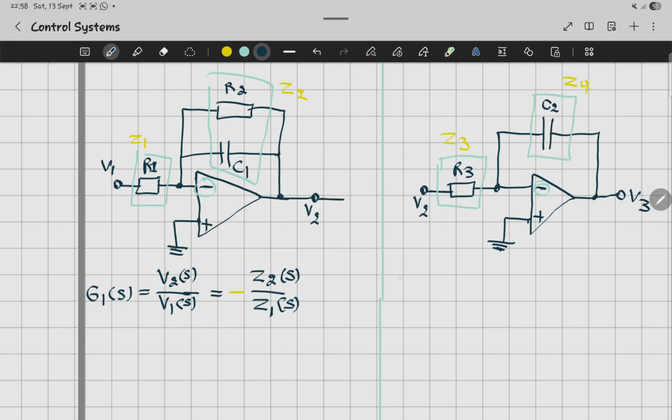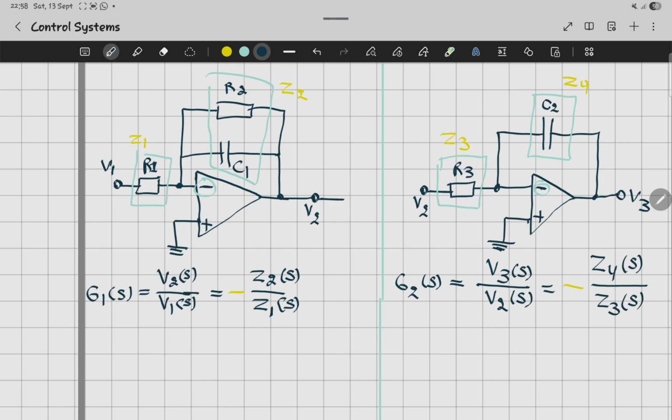And the same goes for this other block, branch 2. For the transfer function, it's going to be V3 over V2, which is equal to negative Z4(s) over Z3(s).